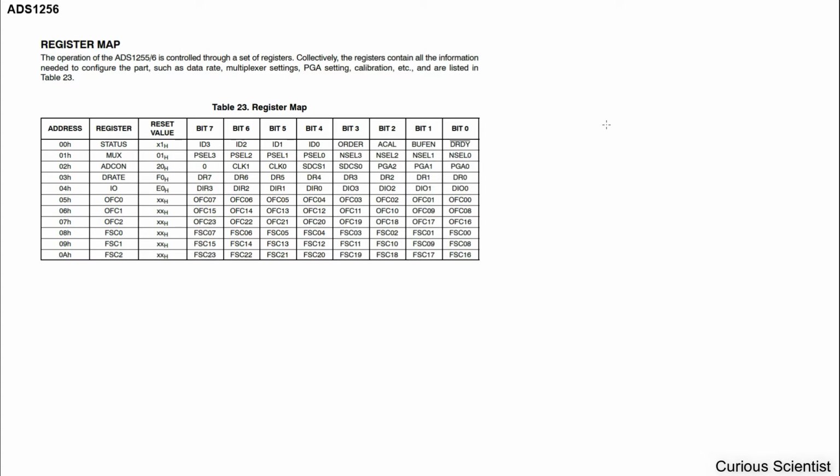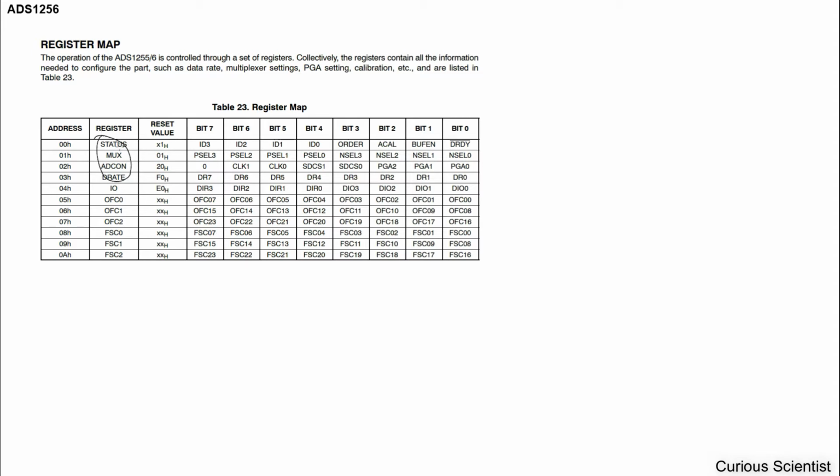So what you can see on the screen right now is the map of the registers. You can see that we have 11 registers. Each of these registers has a name, address, and value. Each register holds 8 bits, as you can see, so bit 0 to bit 7, and from our perspective there are only 4 registers which are important or interesting, and that is basically the first 4 here.